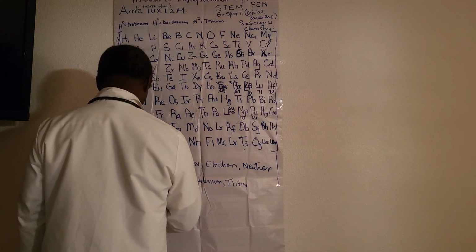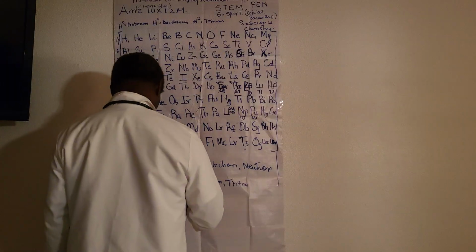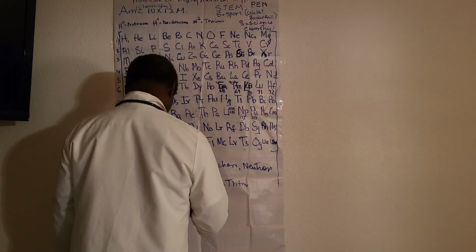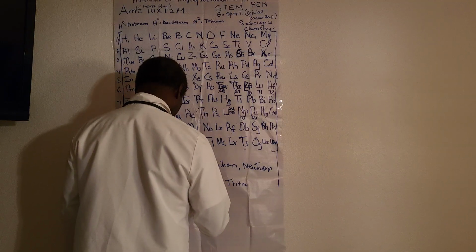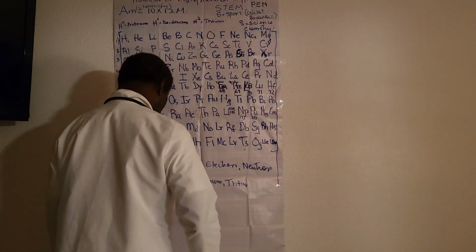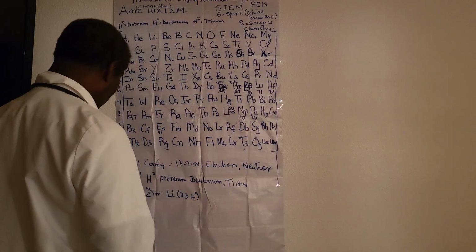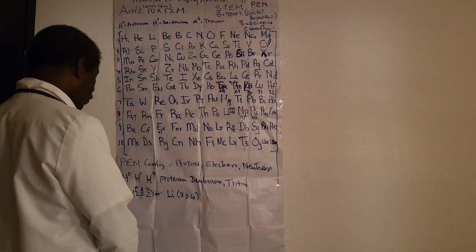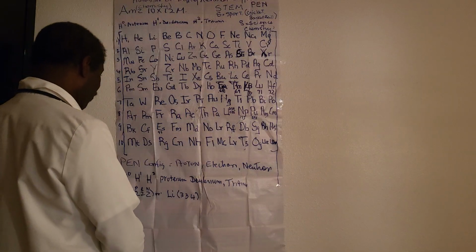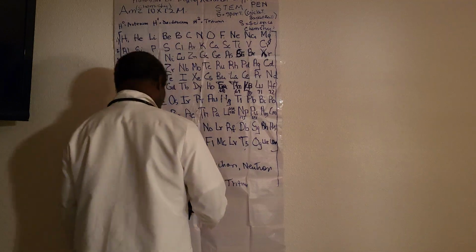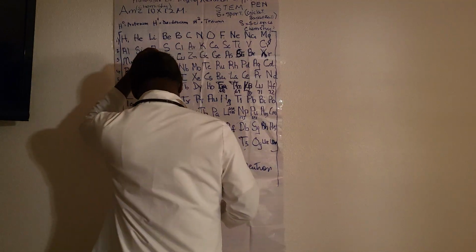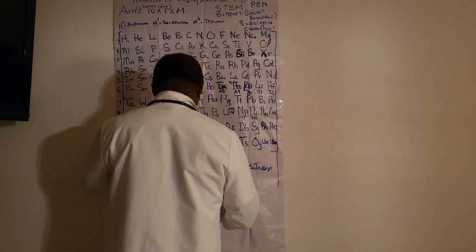So we have lithium now, and the PEN configuration would be 3, 3, 4 for the most abundant. But like I said, there are isotopes. That would put us with lithium plus or minus, probably 3, 4, and 5. But for the most abundant, I think it will be 4 for the neutrons. So 4 for the neutron.